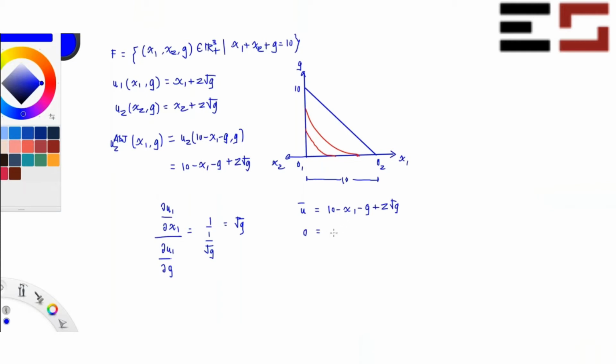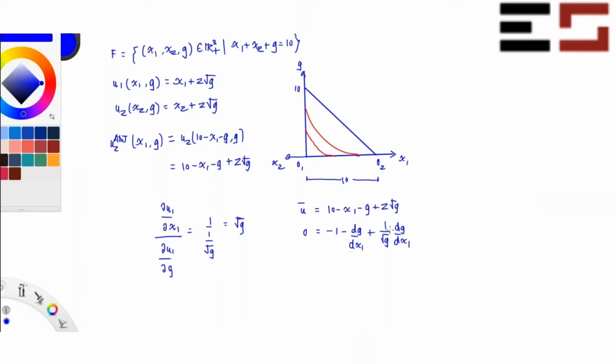This will be minus 1. This will be minus dg by dx1, and then plus 1 upon root g into dg by dx1, right? Yes or no? Is everybody getting this clear?